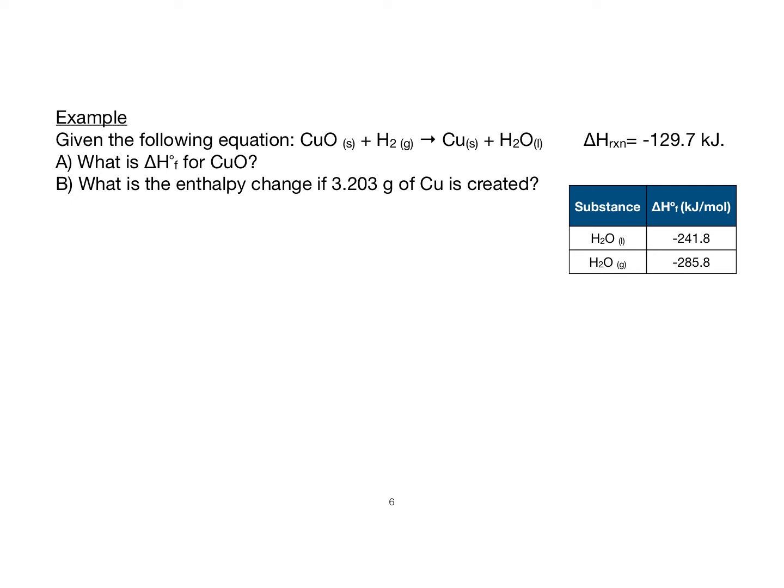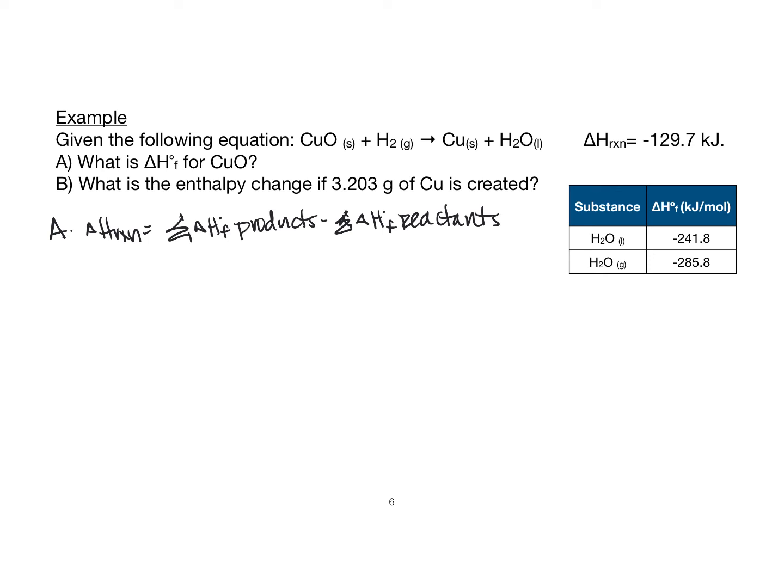So for A, we know that delta H reaction is equal to the sum of the delta H not F for the products minus the sum of delta H not F for the reactants. From here, we just need to plug in values.